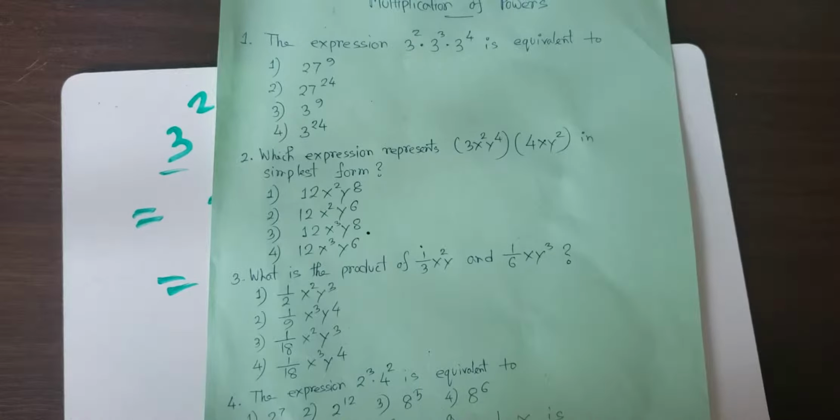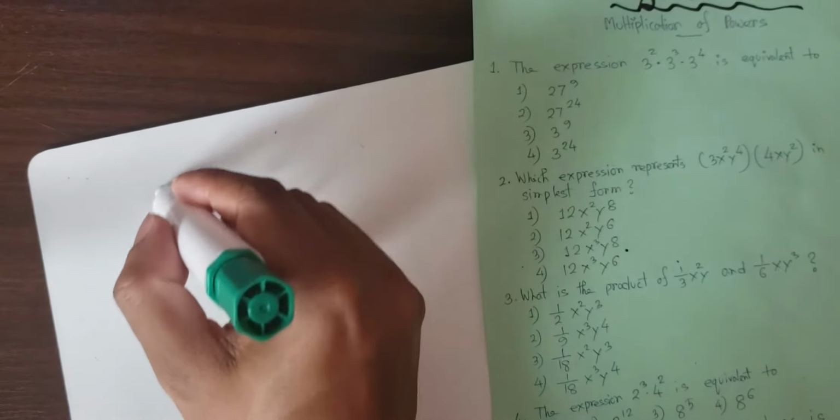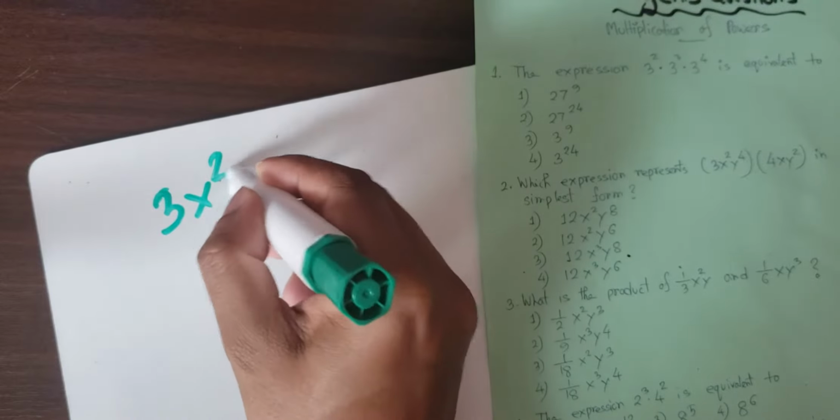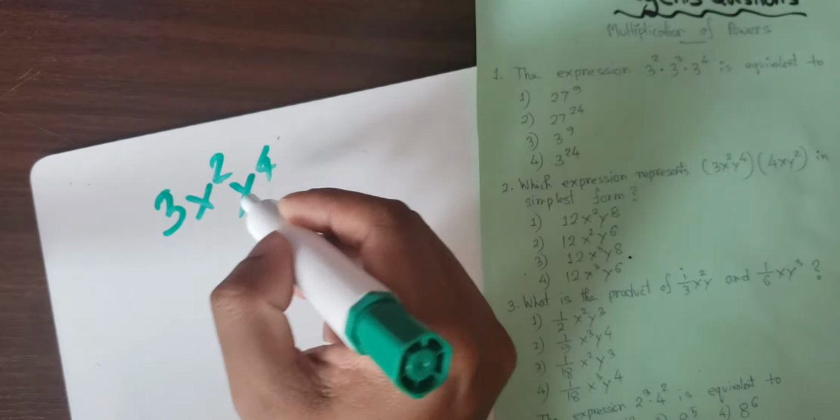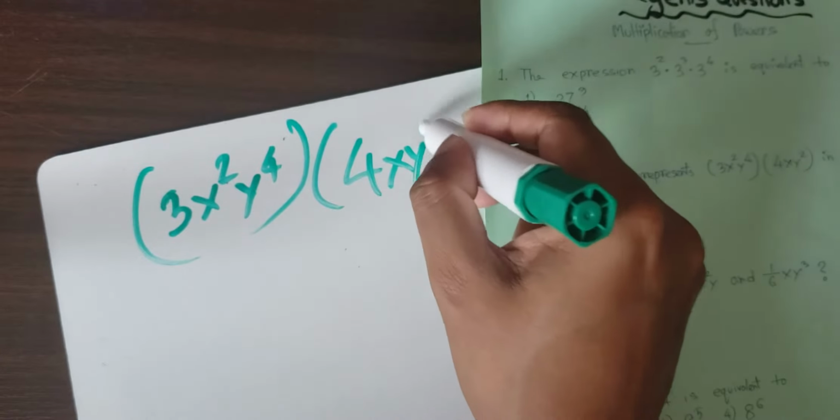Which expression represents 3x squared y to the power 4 times 4xy squared in simplest form? Alright, so I have 3x squared y to the power 4, and I have 4xy squared.